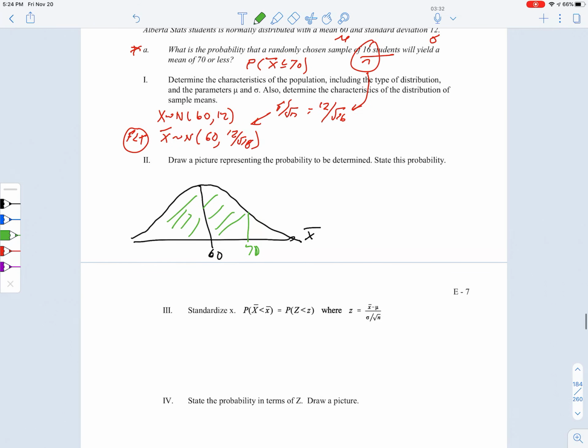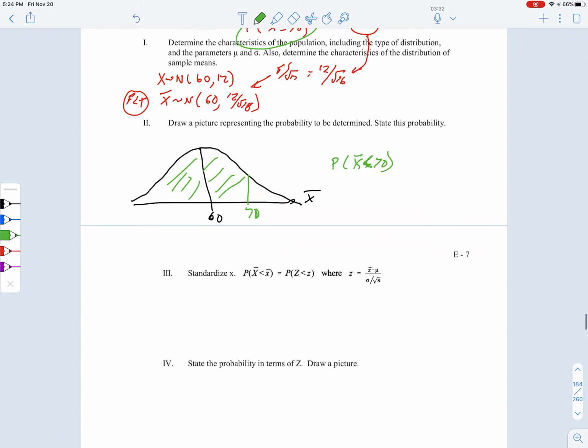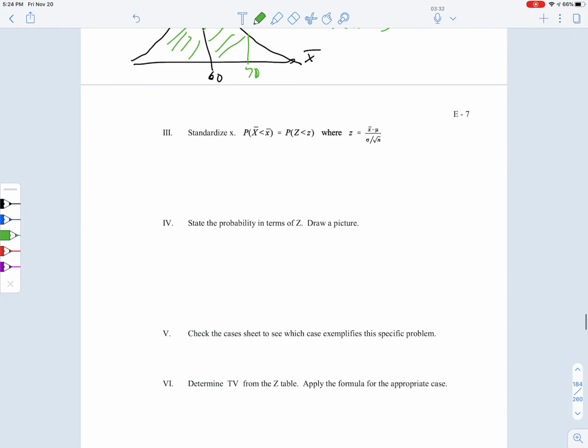The probability is just this area right here: the probability of getting an X bar of 70 or down. Remember, with a normal distribution, it doesn't matter whether it's less than or equal to, because it's a continuous distribution, not like the binomial distribution.